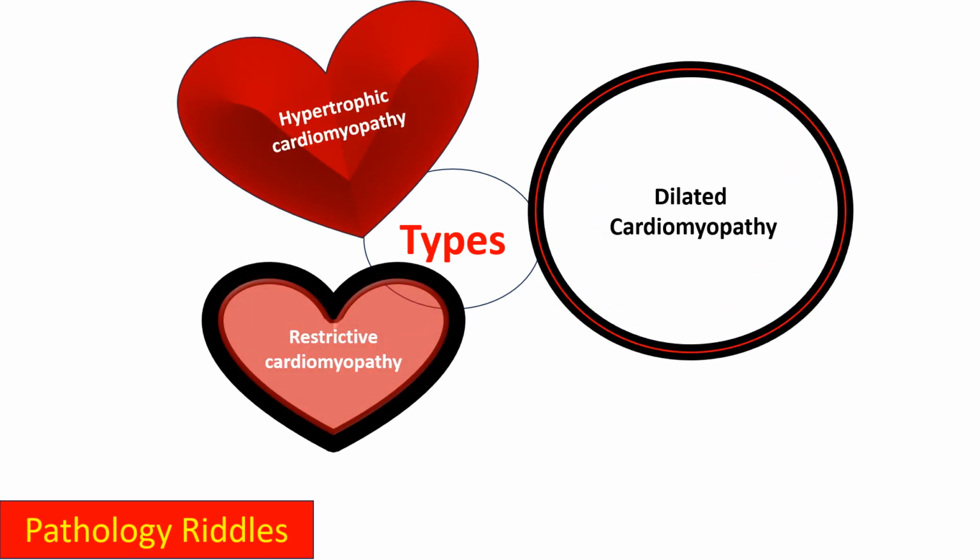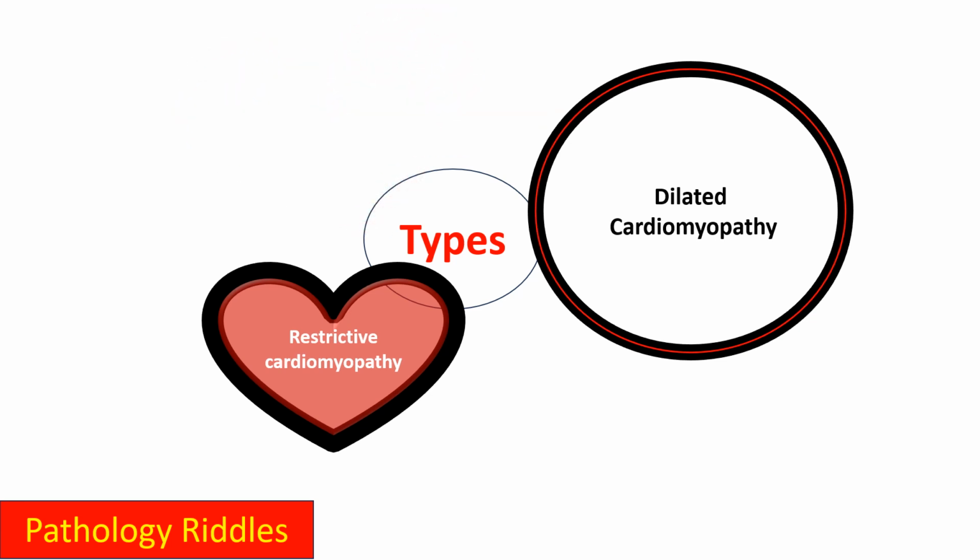So what happens in these forms of cardiomyopathies? In dilated cardiomyopathy, as the name suggests, there is dilatation of the heart. This is the most common form. Then there is hypertrophic cardiomyopathy. Again, according to the term itself, there is hypertrophy of cardiac muscles.